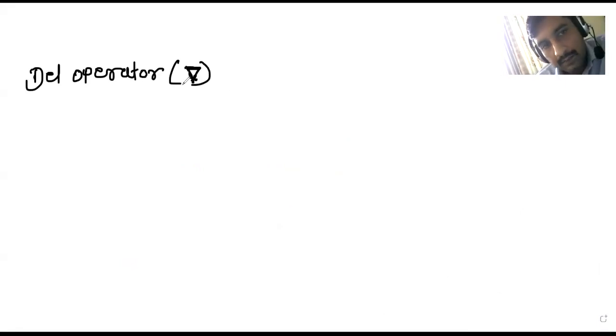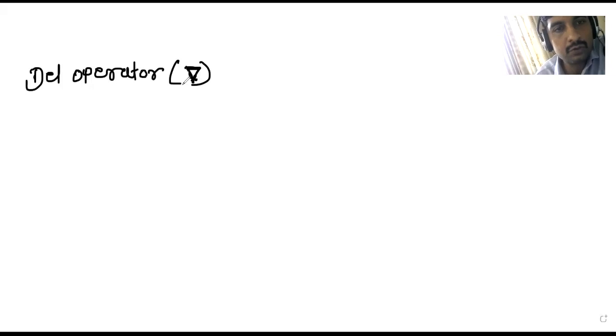So let me tell you, mathematically, this del operator is a kind of partial derivative with respect to x, y, and z. This is for the Cartesian coordinate system I'm talking about. If I talk about the cylindrical coordinate system, it would be with respect to r, phi, and z. If I talk about the spherical coordinate system, it would be with respect to r, theta, and phi.